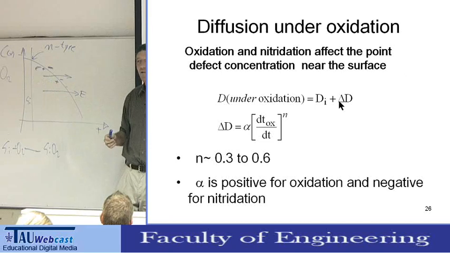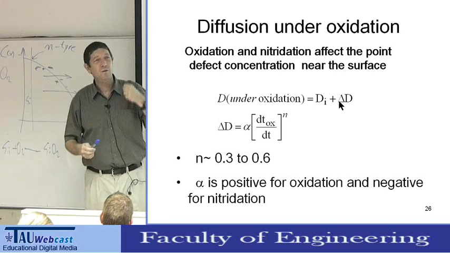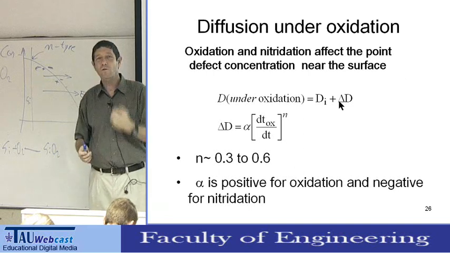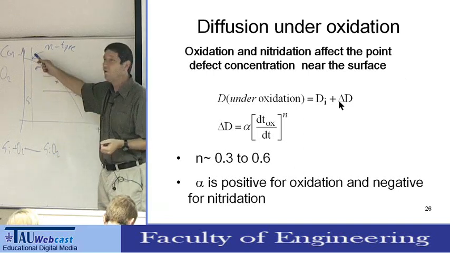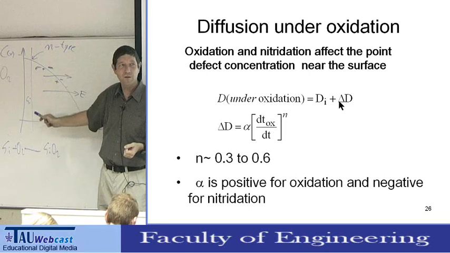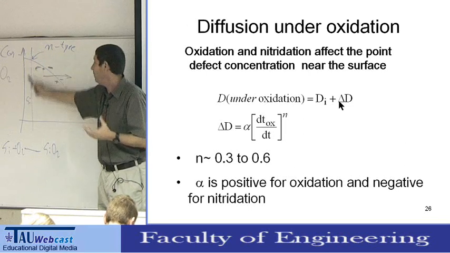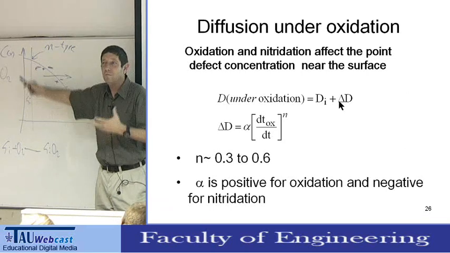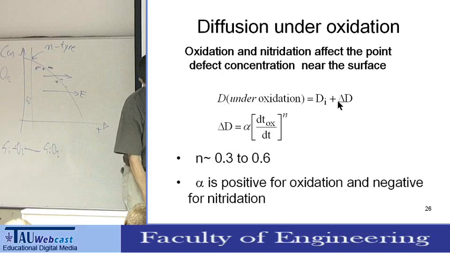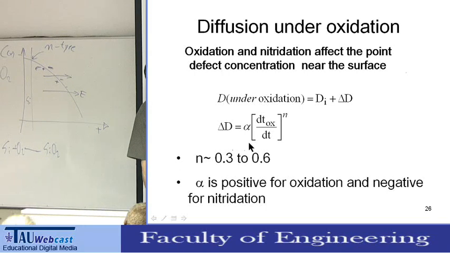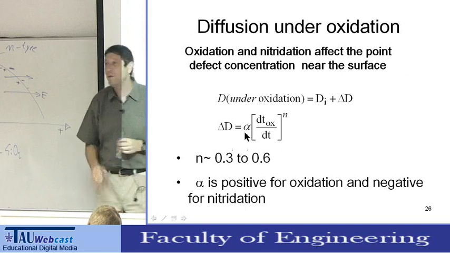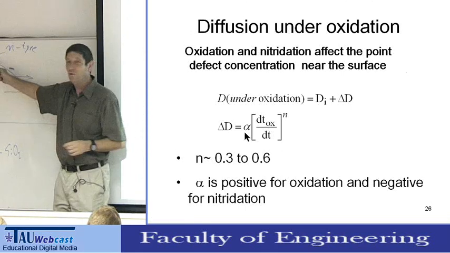So in order to solve the real case of diffusion of atoms in silicon, you have to solve the diffusivity for the atoms in silicon and the diffusivity of the vacancies, which is a function of some stress or other effects on the surface.